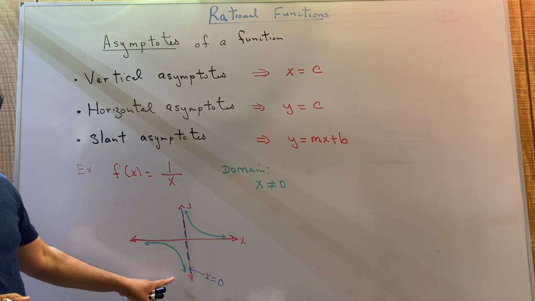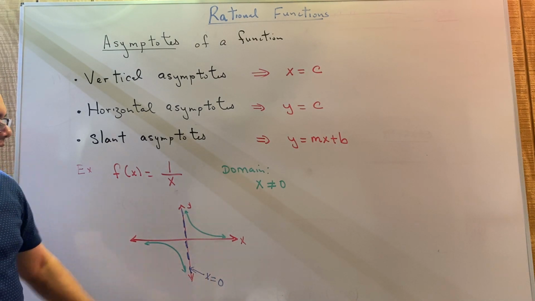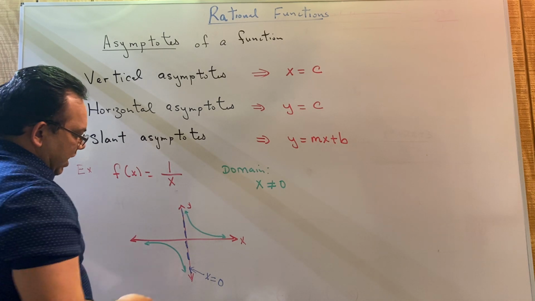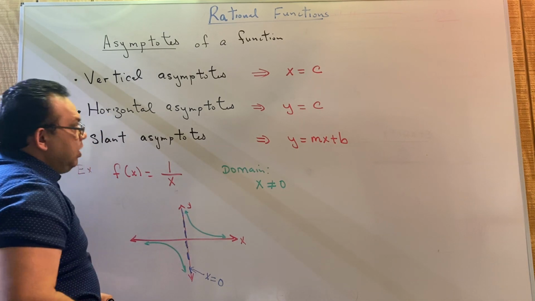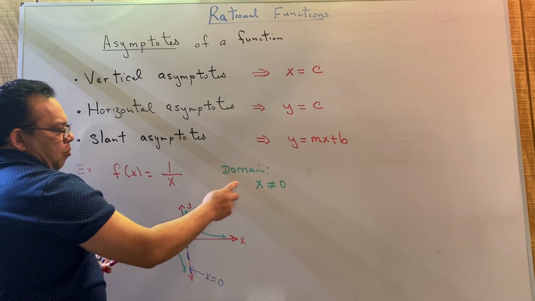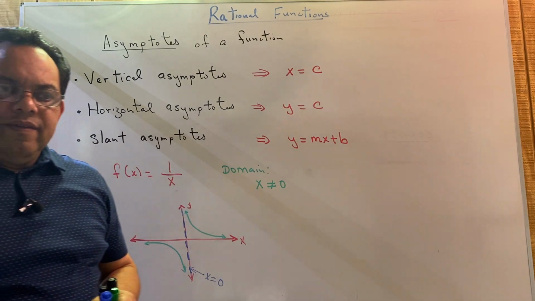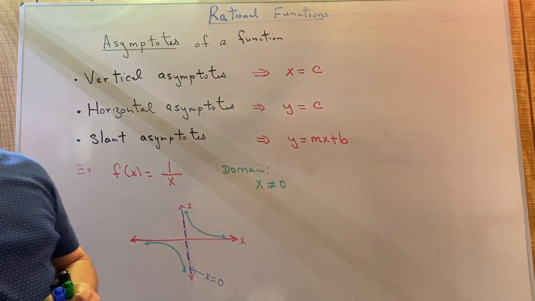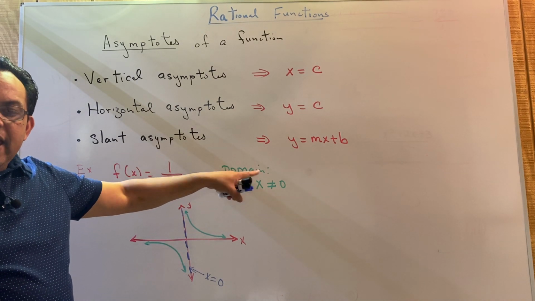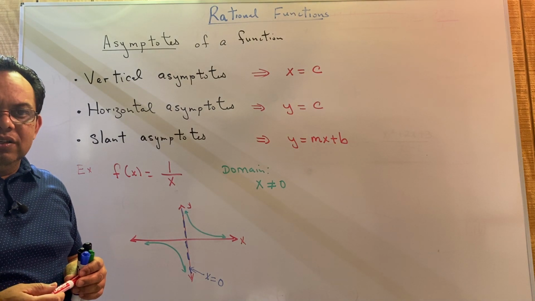That is a vertical line, because a vertical line is always x equals some number. Now, this broken line is what we call our vertical asymptote. Once you have the domain, the numbers excluded from the domain, those x values, x equal to those values, give the vertical asymptotes.